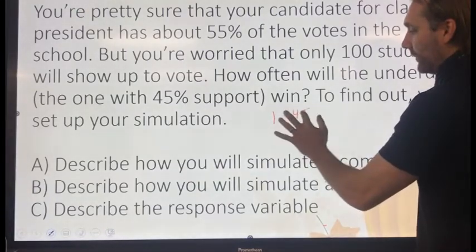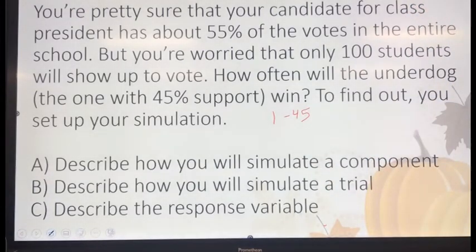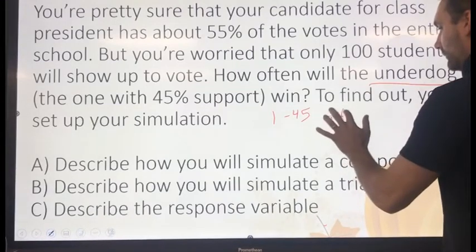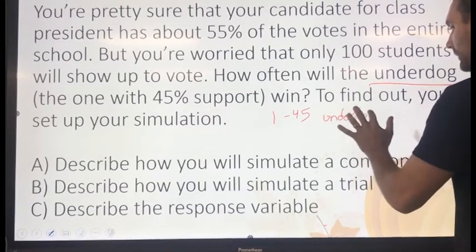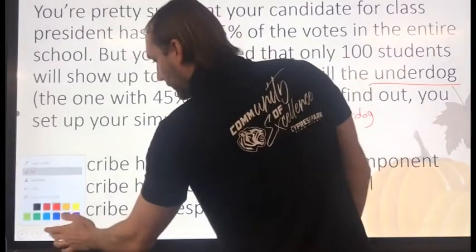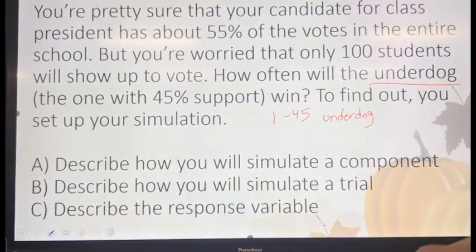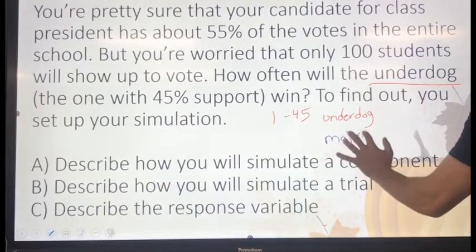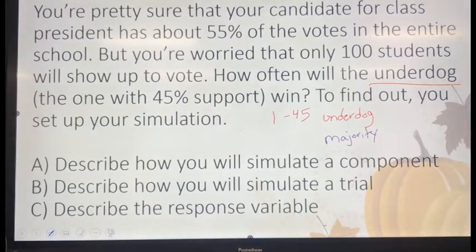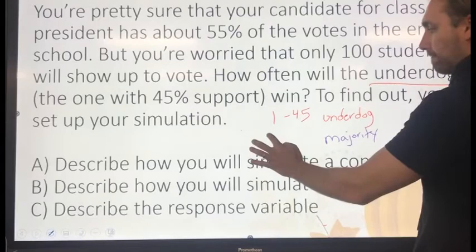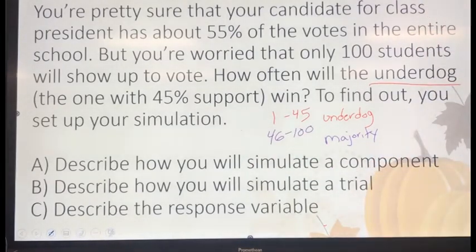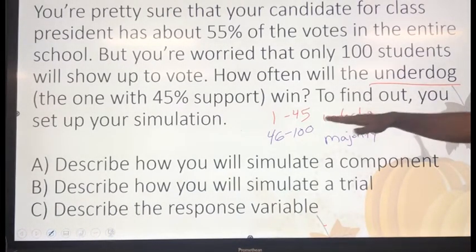If we get numbers between 1 and 45, that's our underdog. And if we get numbers between what? What's going to be our majority? Between what numbers? 46 to 100. So we're going to run random numbers that are going to generate. If I get 38, underdog got a vote.